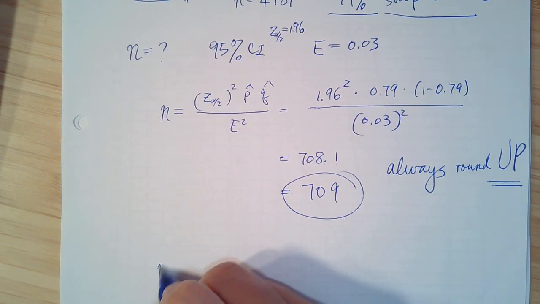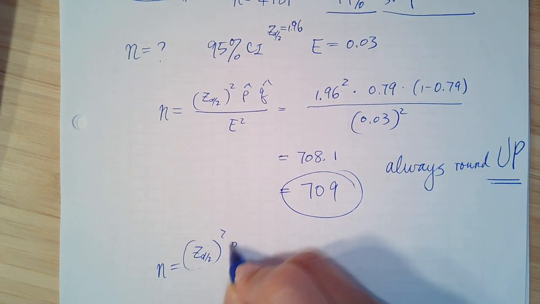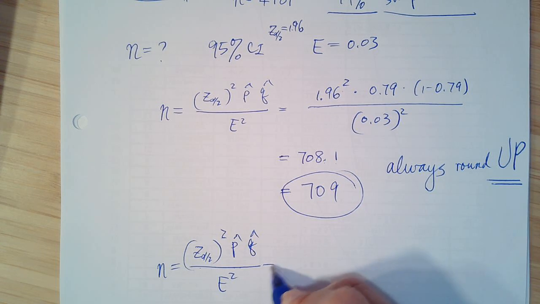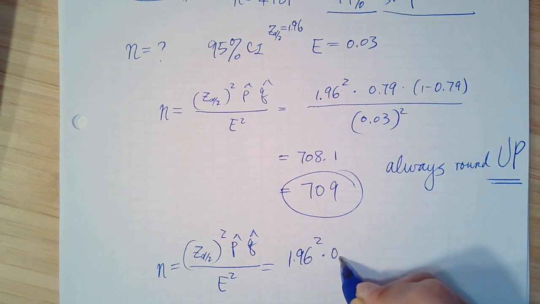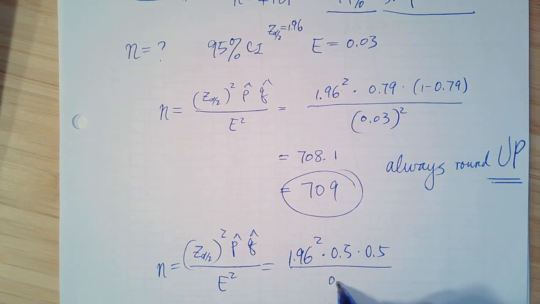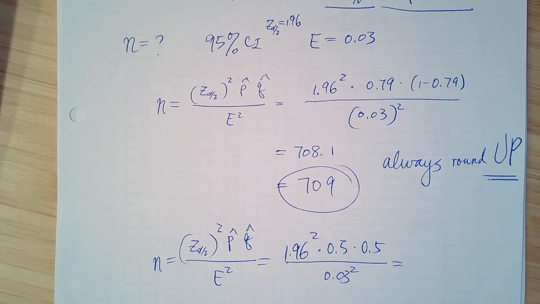So n is z alpha over 2 squared p-hat q-hat over E squared: 1.96 squared times 0.5 times 0.5 over 0.03 squared, or you can just write 0.25, which is the same thing.